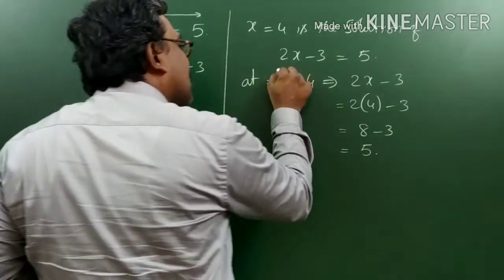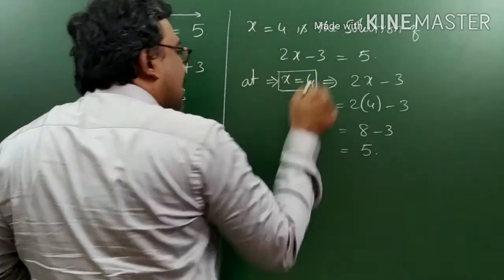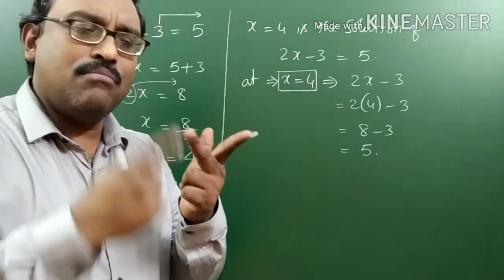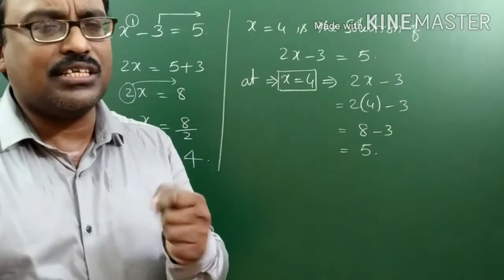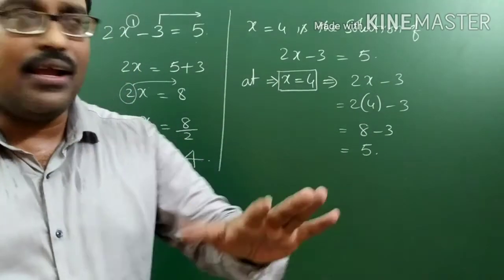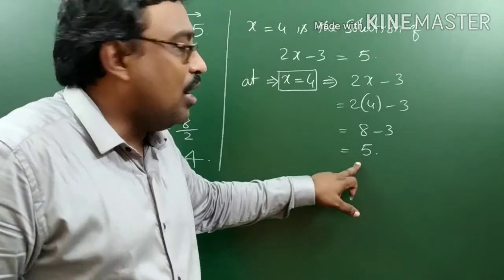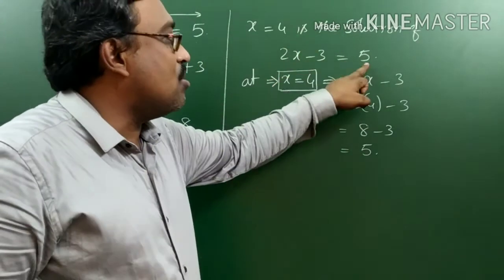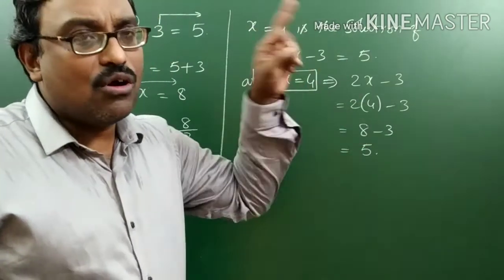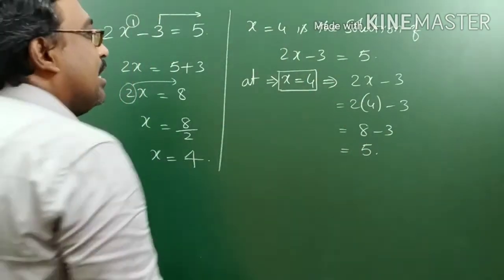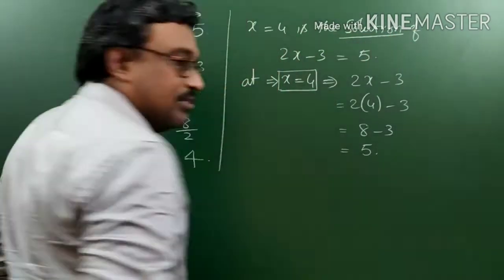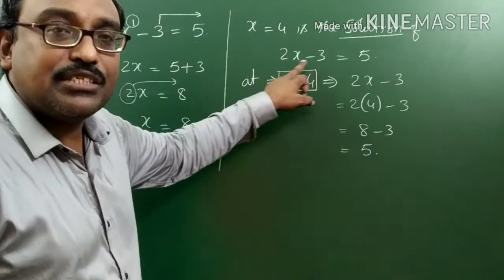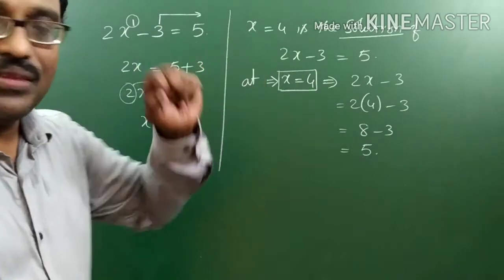Other than x is equal to 4, you can take any numbers, real numbers, positive, negative, roots, decimals, fractions, and substitute, you never get the value 5. So 2x minus 3 is equal to 5 at x is equal to 4 only. Then it is called a solution.